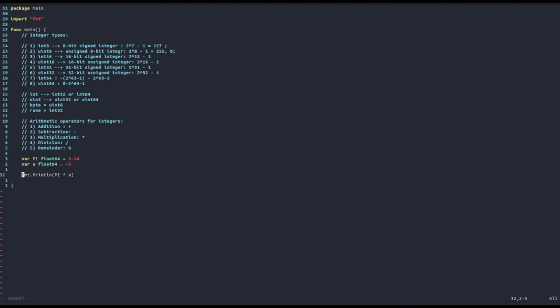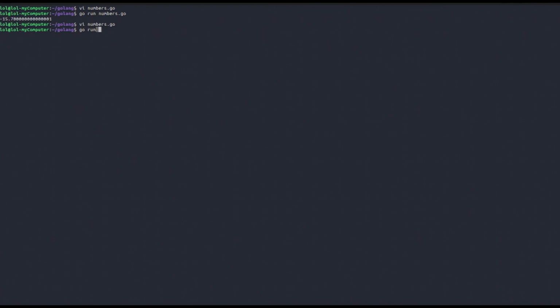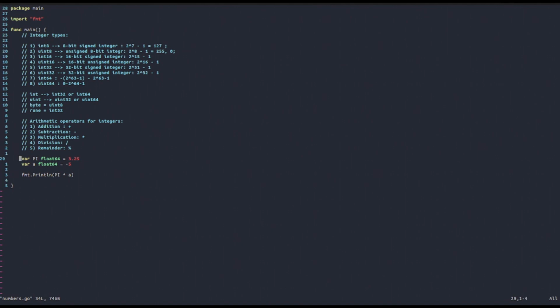That's precisely because this .14 here cannot be, when we multiply by 2, if you remember that algorithm procedure that we did, reduced to 1 at a certain point by multiplying iteratively by 2. If you, for example, place .25 instead of .14, let's see what happens. We get -16.25, because this number can actually be represented with a finite number of bits inside memory. The same cannot be said for .14. And this is why .14 gave that weird number.